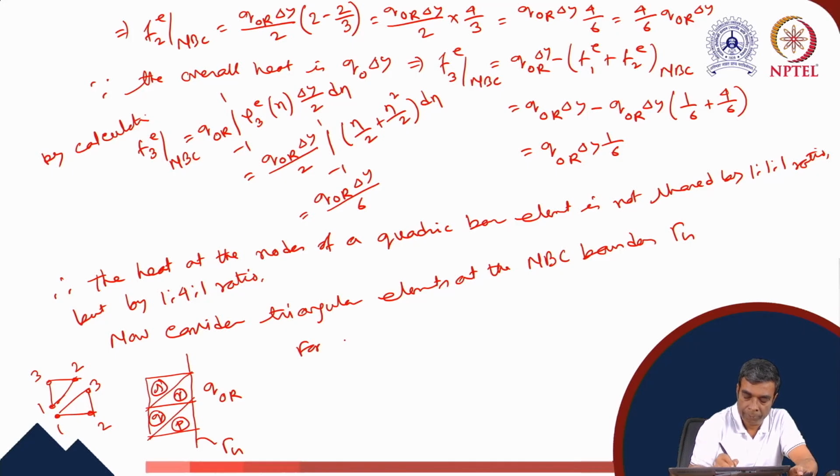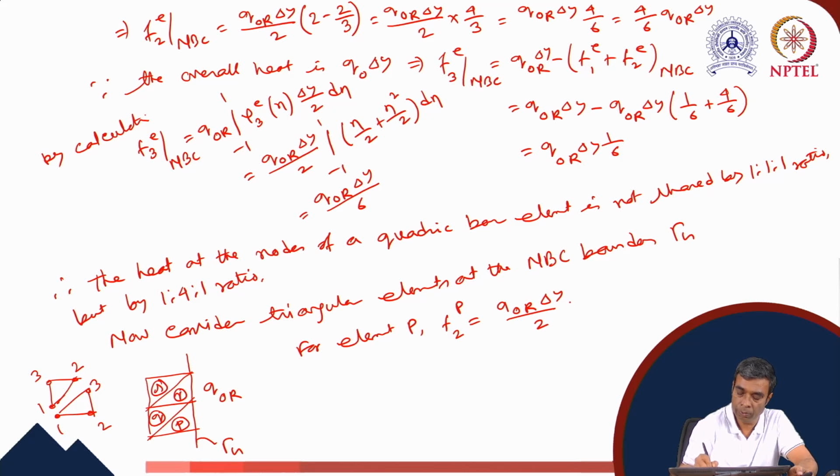For element P, F2P equals Q0R into delta Y by 2. F3P equals Q0R into delta Y by 2.